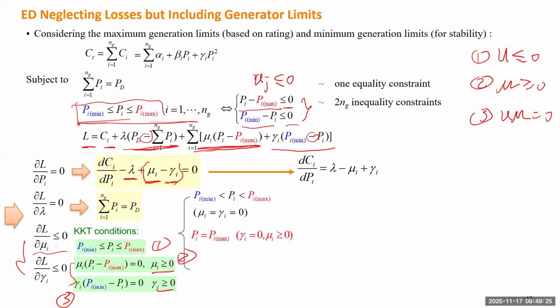The second case, the generation is reaching the upper limit, exactly at the limit. If this is the case, mu cannot be negative, and to make the product 0, gamma has to be 0.